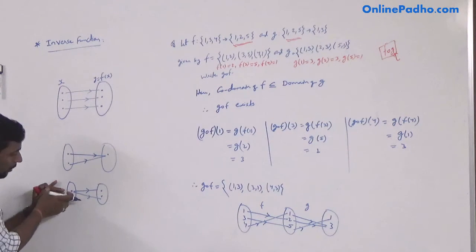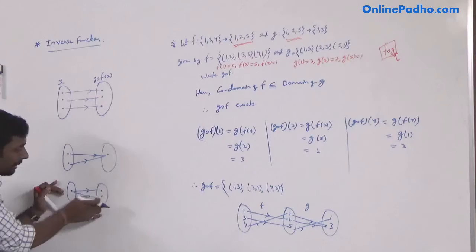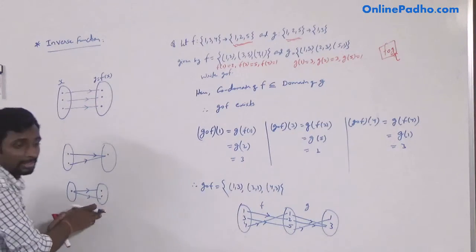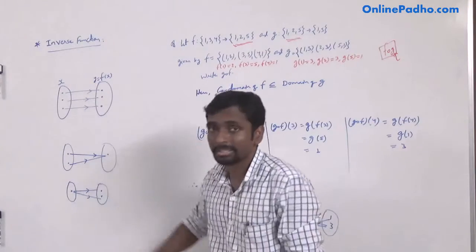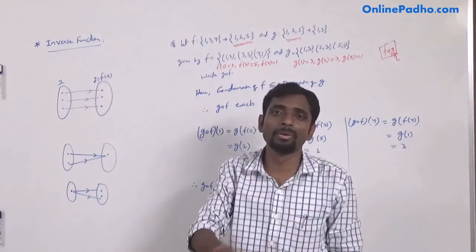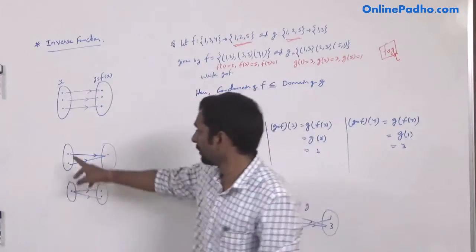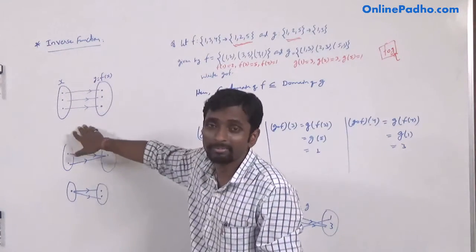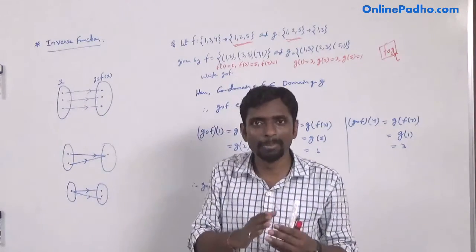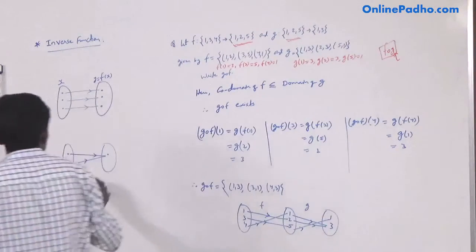For an element in the domain there are two elements in the codomain. This is not a function. This does not satisfy the definition of the function, so the function does not exist. In the case of a many-one function, we cannot find the inverse of that function.